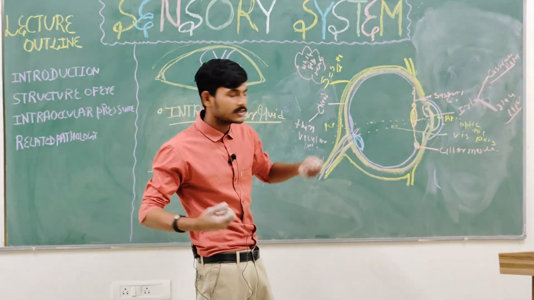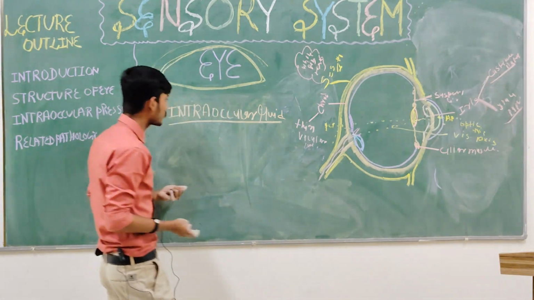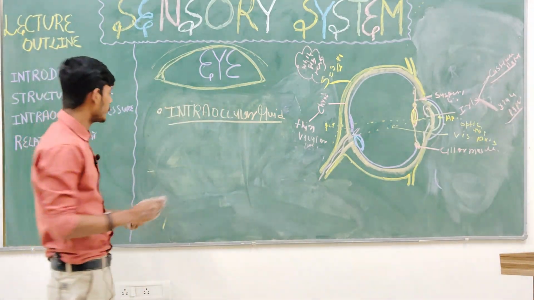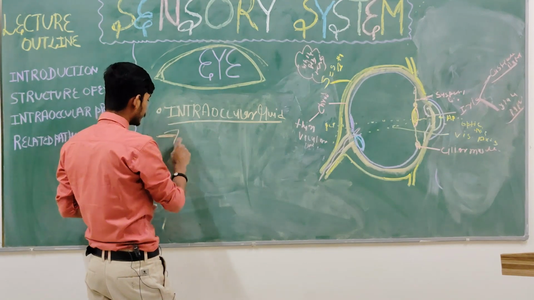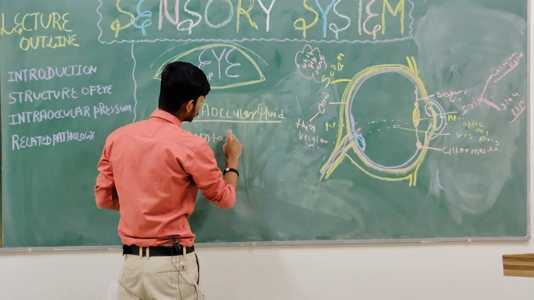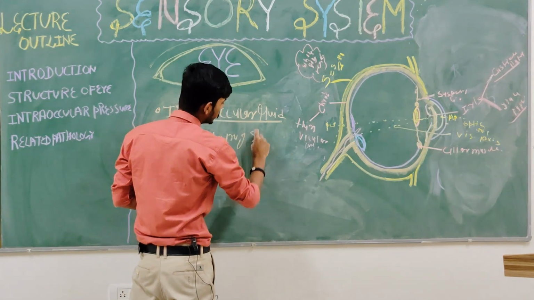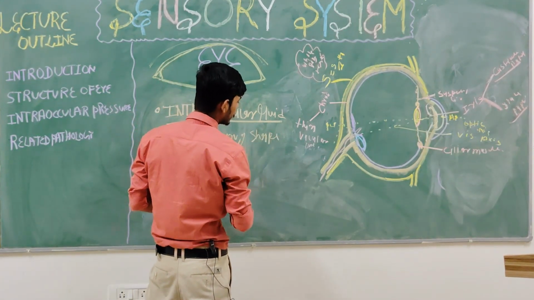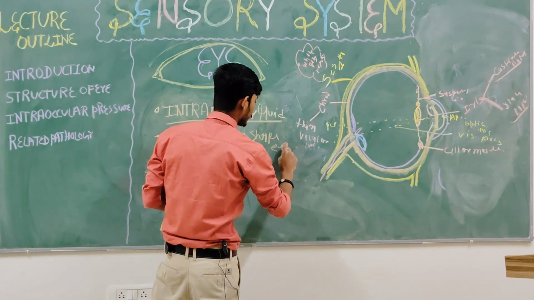So how is the cellular integrity maintained? It is maintained with the help of intraocular fluids. So one of the functions is maintaining the shape of the eye, or we can say the shape of the eyeball.